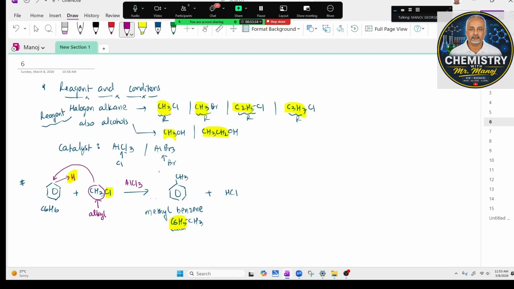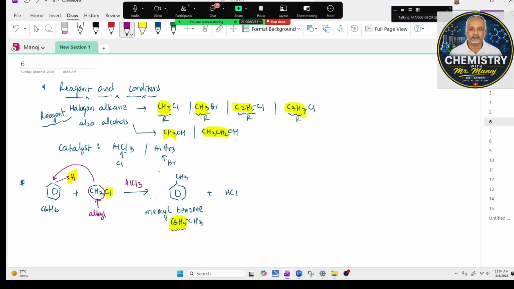Without this, the reaction cannot go ahead. The role of AlCl3 I will explain when I teach you the mechanism of this reaction. Right now, I'm only teaching you the reactions.